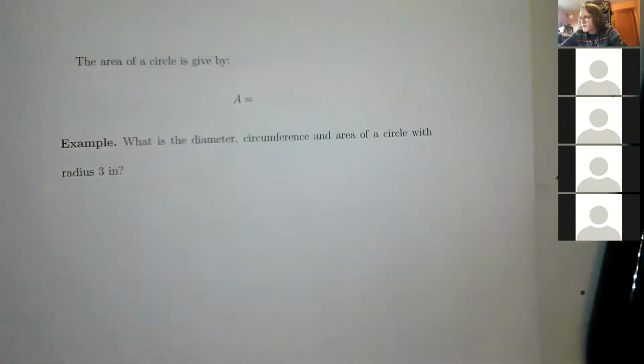All right, so let's try some areas now. Anyone know what the area of a circle is based on the radius? 360. That is the number of degrees in a circle.